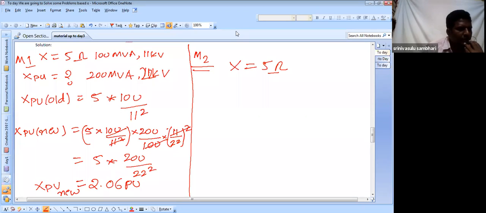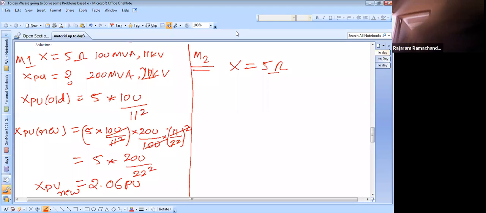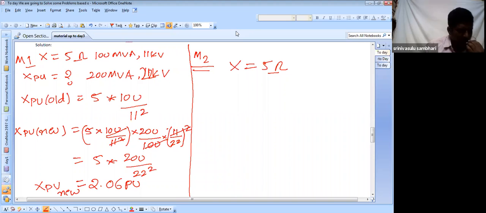These two points are clear? Yes or no? The actual value does not change. The per unit values always change based on base values. In competitive examinations, the examiner asks the answer in terms of actual value, never in per unit, because different users can choose different base values.